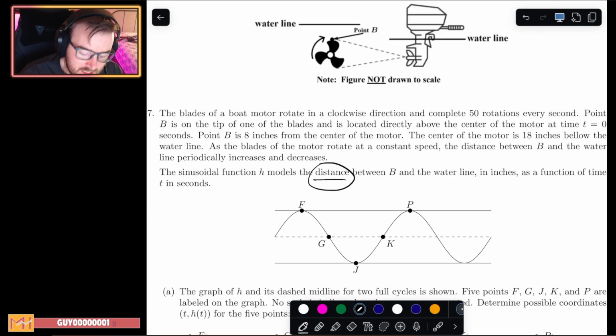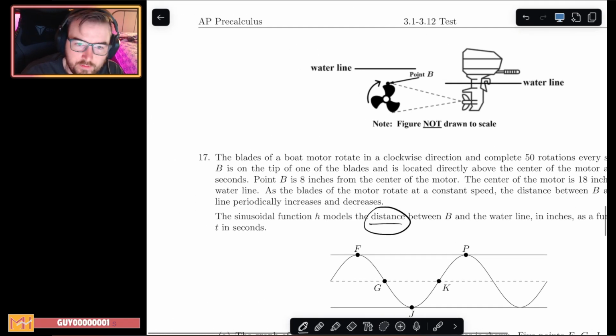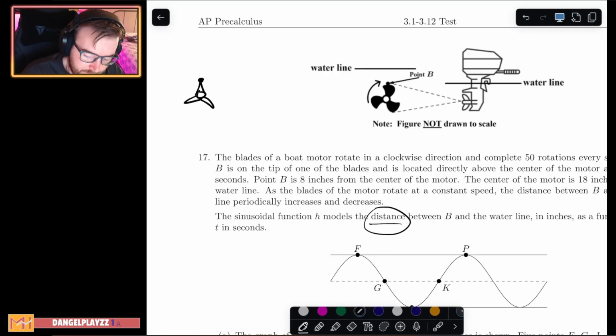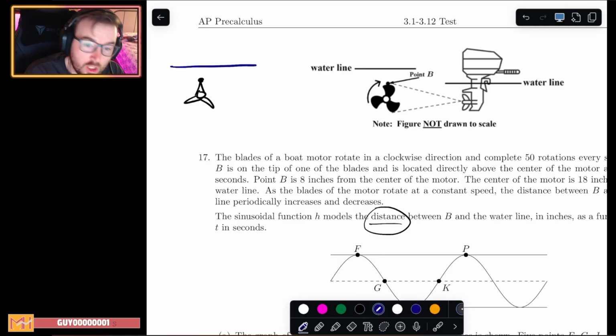So the distance has a few key moments. I'm going to draw a little triangle like this to be the blade. There's this moment when we're closest to the water, so the distance is the smallest it will be. There's this moment when it's halfway down, and that's when the distance is at the midline.